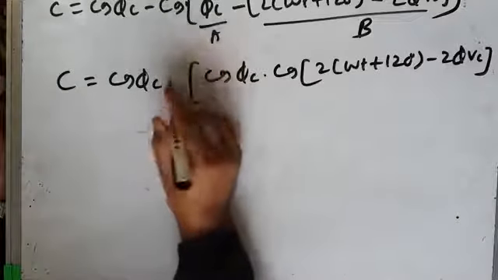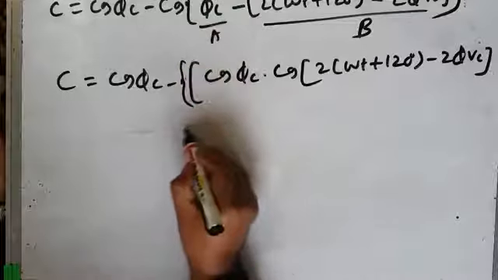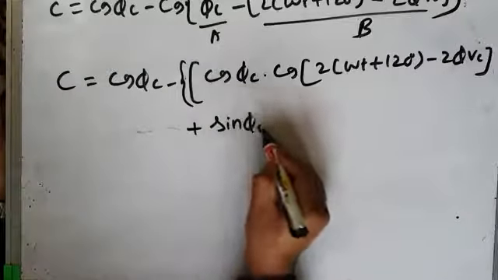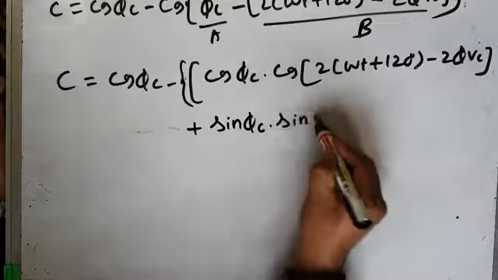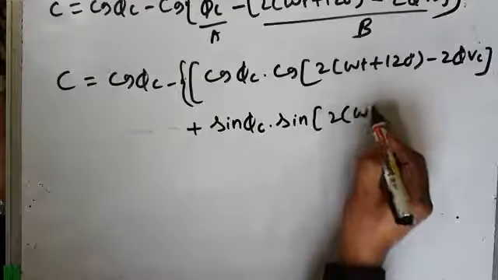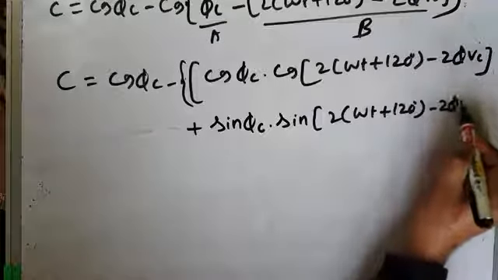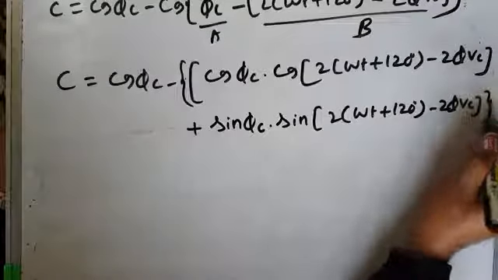Let me use this: plus sin A is this into sin B, sin of 2 of omega t plus 120 degrees minus 2 phi VC, whole thing.